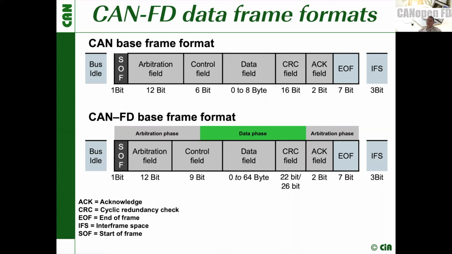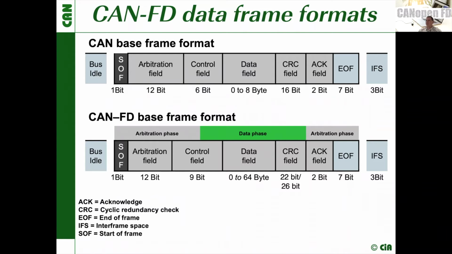Having the capability to use these data frames is a must in CANopen FD, but we will learn later on that also in the CANopen FD environment, at certain times, we will need to switch over to classic CAN and to use classic CAN frames, for example, to do something that is known as node ID assignment by means of layer setting services.